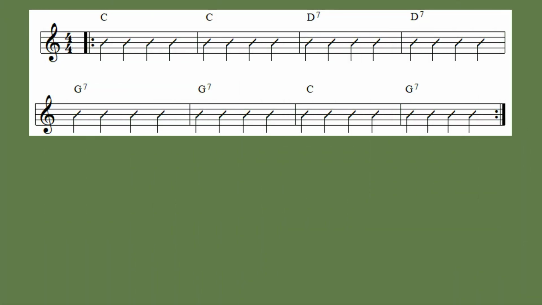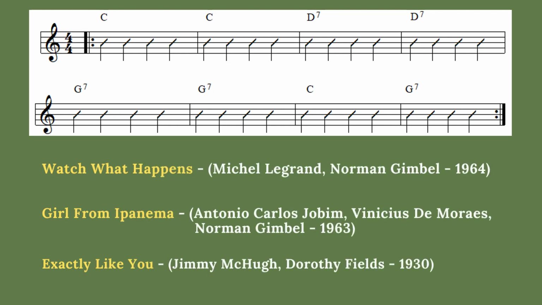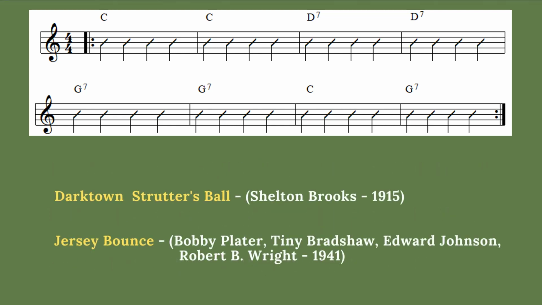A short list of songs that feature this progression in their A section would be Watch What Happens, Girl from Ipanema, Exactly Like You, Darktown Strutter's Ball, The Jersey Bounce, and many others.